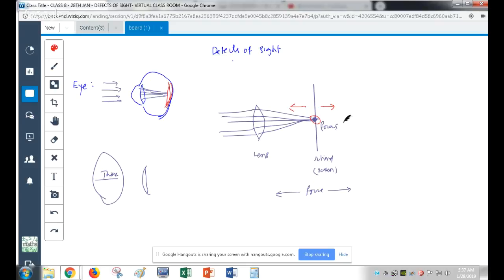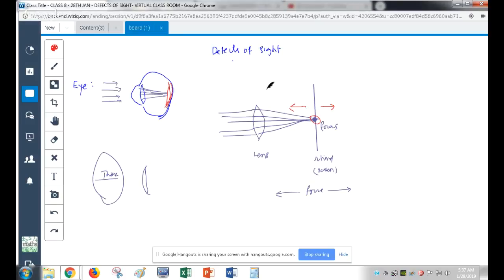If it is very far, then you can't see at all, right? If the focus is not found on the retina, you cannot see. Because of this changing of the focus from the retina, either towards the lens or away from the retina, you cannot see the images properly.